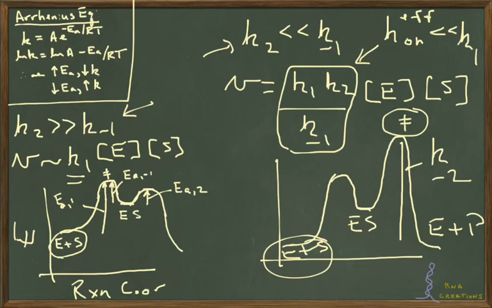If you divide both sides of that equation by k-1, you see that k2 over k-1 is much, much less than 1. So you're reducing k1, so the on rate is really slow. So if you see a really slow on rate in your enzyme kinetics, much slower than what's typical, then it's also called a rapid equilibrium.